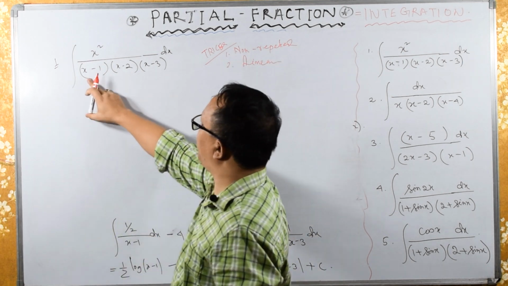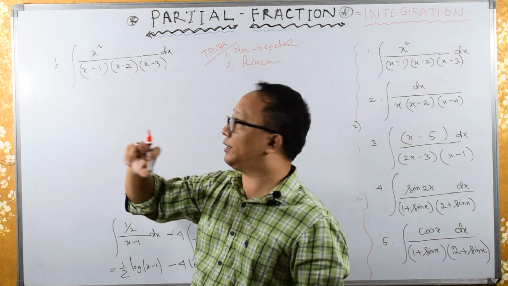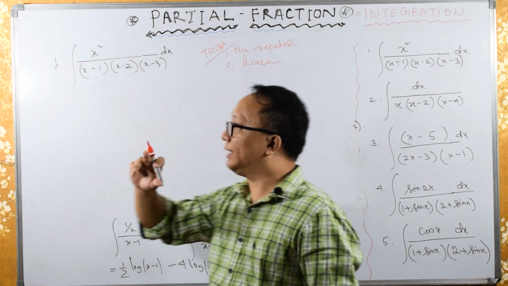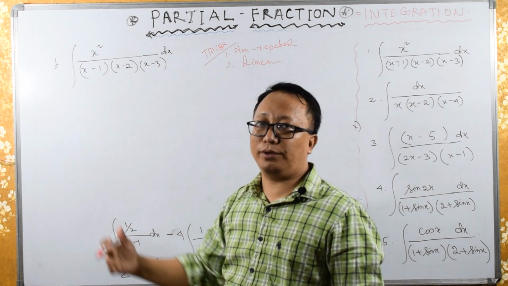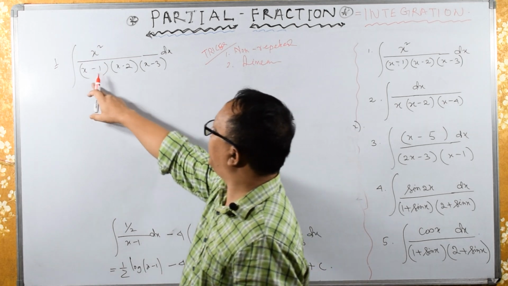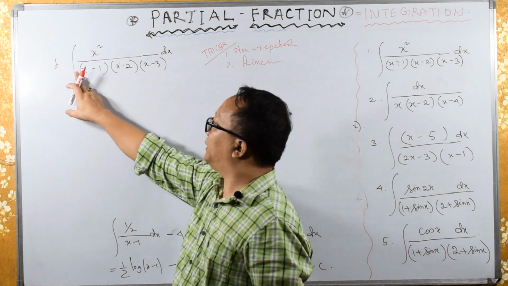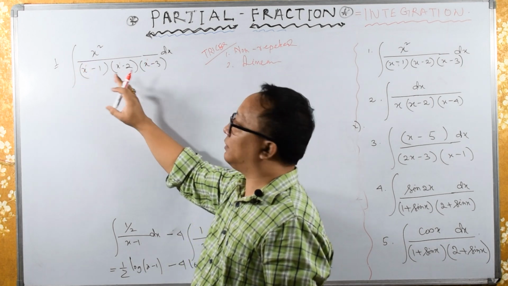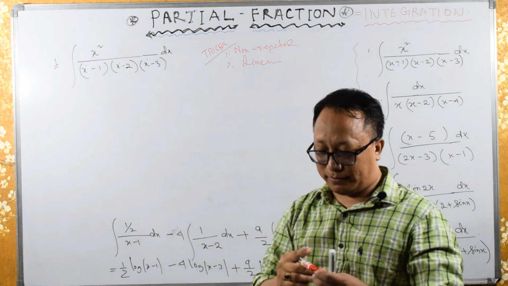Repeated means, for example, if you have some term like x minus 1 the whole square, it is repeating; x minus 1 is repeating 2 times. In that case the tricks I am going to explain will not work. As well as linear: for example, these are all linear because x is raised to 1 over here. If you have something like 2x square minus 1, any term which is non-linear, then this trick is not acceptable.